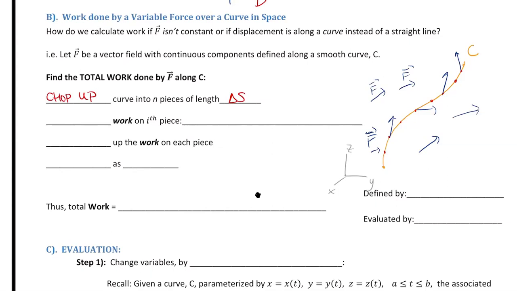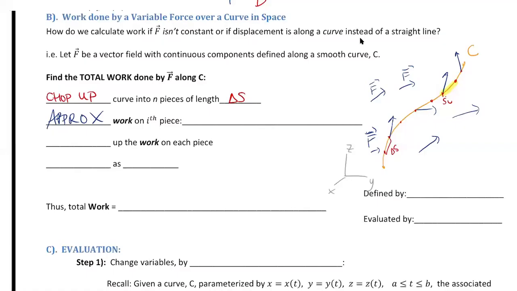So we'll say that's delta S. Now what I'd like to do is approximate the work that's done by this vector field on the ith piece. So let's pick a little piece here. Let's suppose we're going to call this piece right here the ith piece, and so we'll call this S sub i right here.